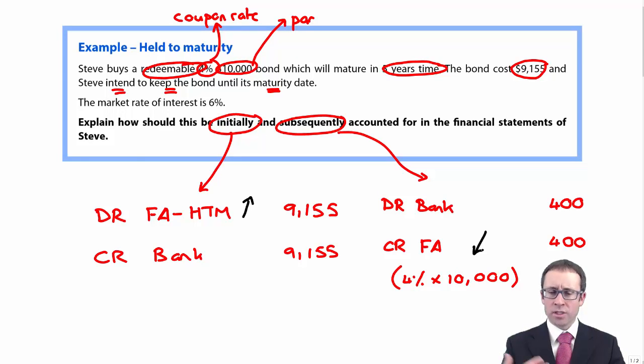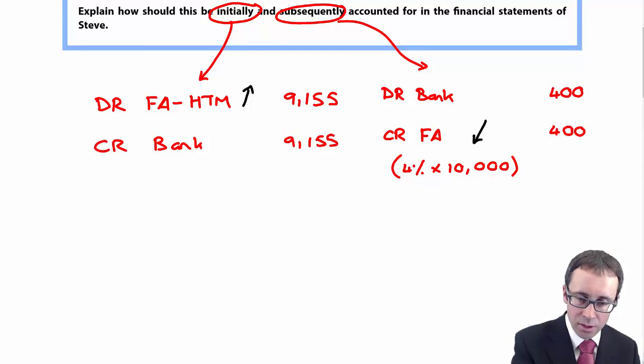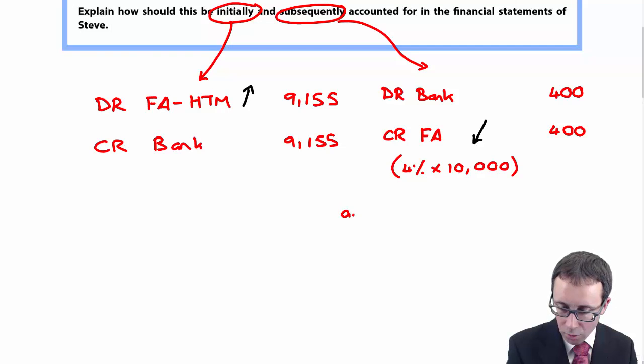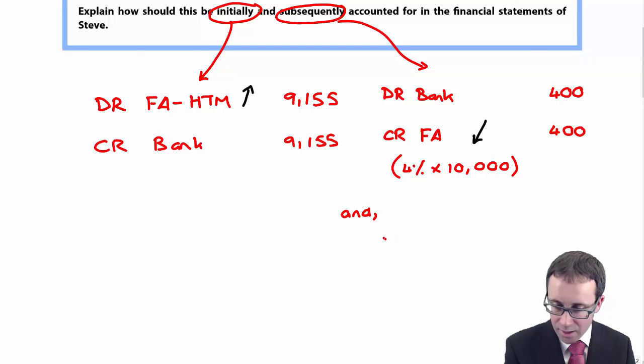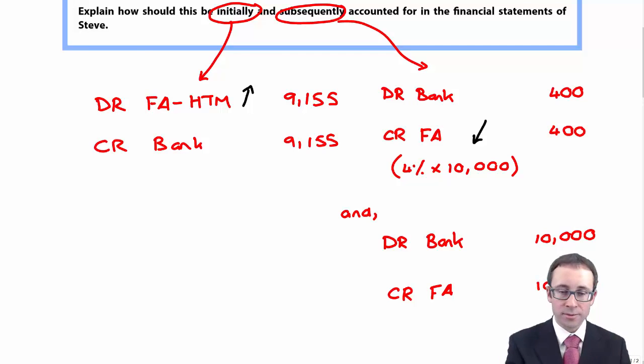But it is going to be redeemable, isn't it? And it will be redeemable at its par value. So subsequently, what also happens is that I will need to debit my bank with the 10,000 because that is what it is redeemed at, and credit my financial asset with the 10,000.